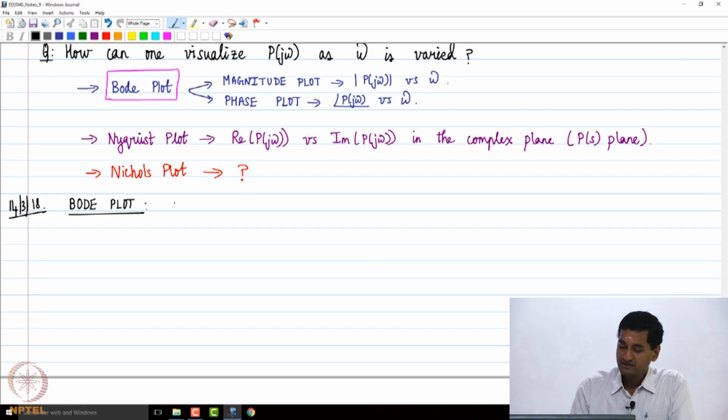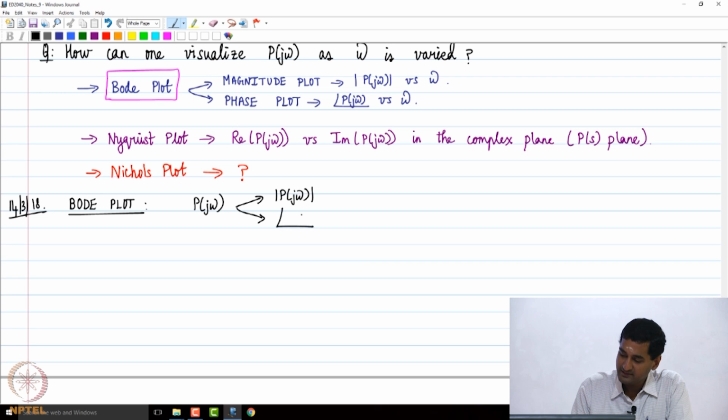So what is this Bode plot? We know that P of j omega has two components: one is the magnitude and another one is the phase of P of j omega.